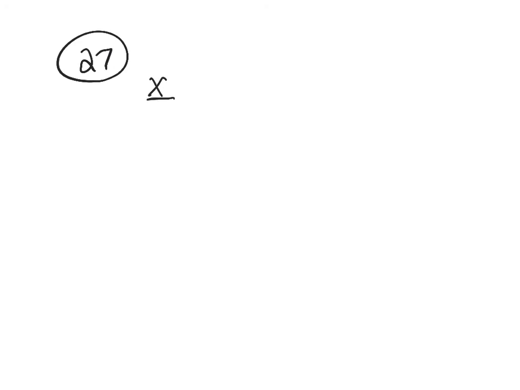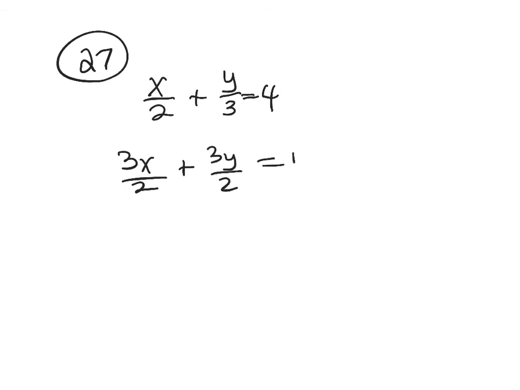Okay, x over 2 plus y over 3 equals 4. And then 3x over 2, 3y over 2, 15. All right, so my first equation, my common denominator is 6. So when I distribute it here, this becomes a 3x.